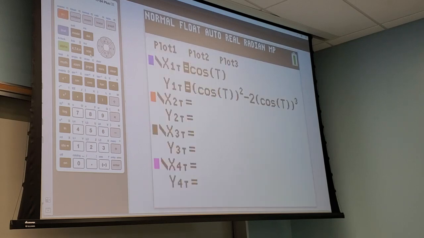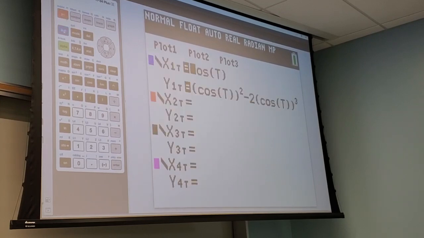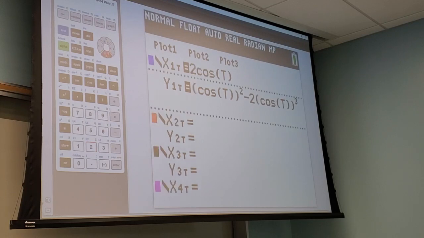So watch this. What if I let, stay with me now, guys. What if I let x be 2 cosine t? So then there's going to be a 2 cosine t and a 2 cosine t. Now, what's the biggest x could be? 2. So let's see what happens.